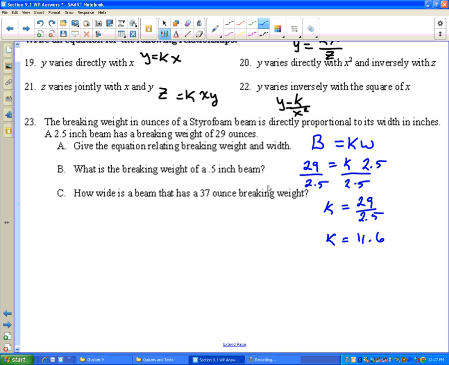Now that tells me my equation is B is equal to 11.6 times W. What is the breaking weight of a 0.5-inch beam? So my breaking weight is 11.6 times 0.5.